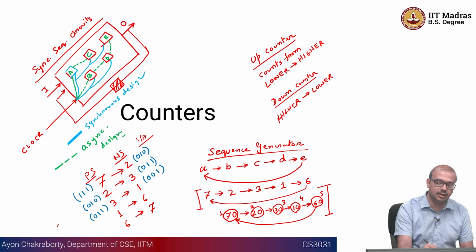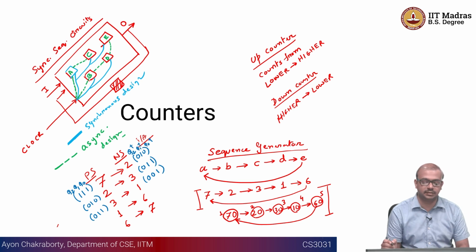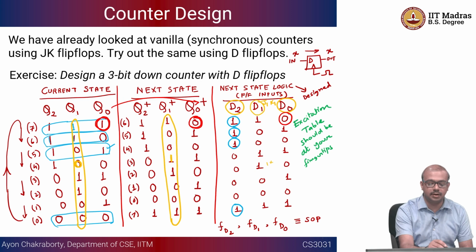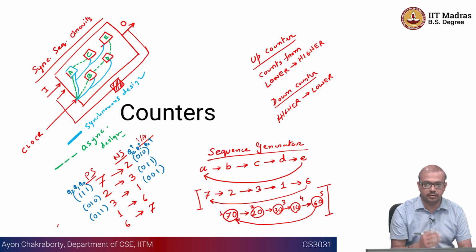So instead of having 7 2 3 1 6, you have to write this Q2, Q1 and Q0, and here I have to write Q2 plus, Q1 plus, Q0 plus. These are the next states. So this is exactly what I have done here. 7 6 5 4 3 2 1, we have designed a regular down counter, but this is the same procedure that you need to follow even for this.